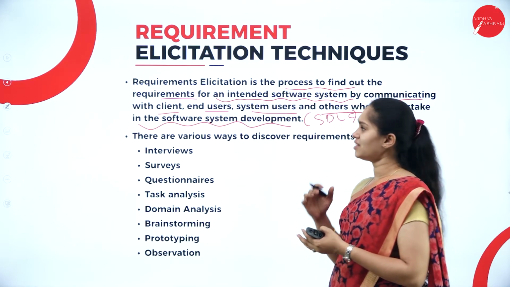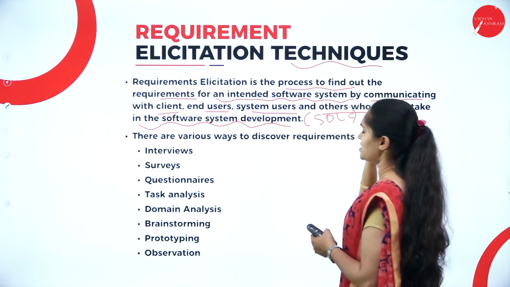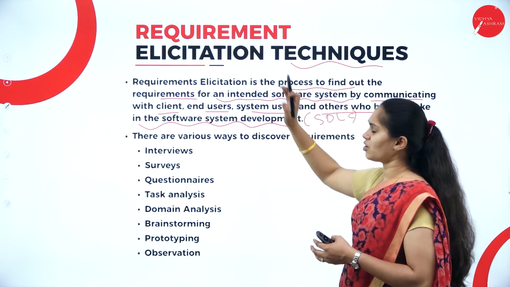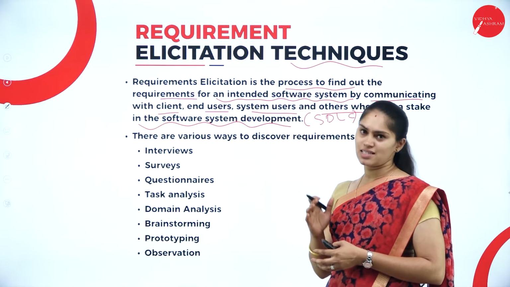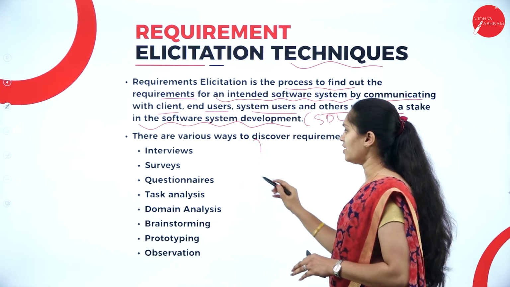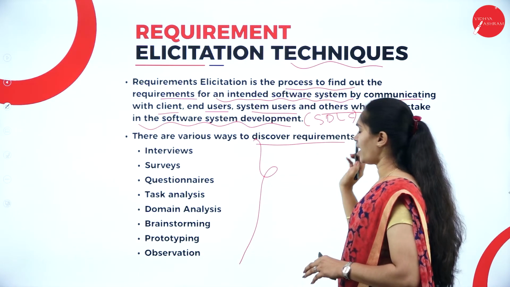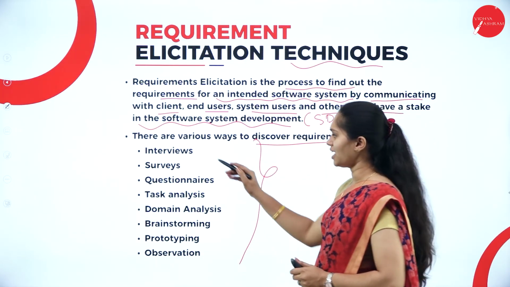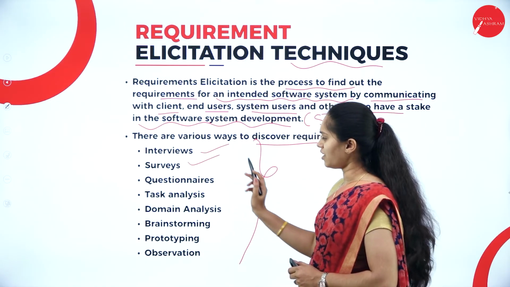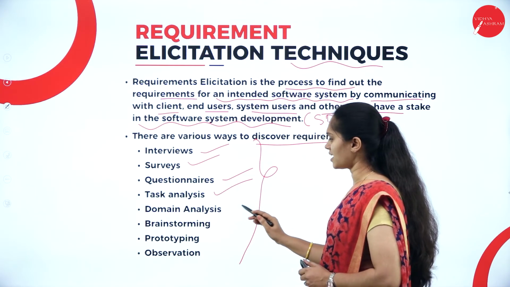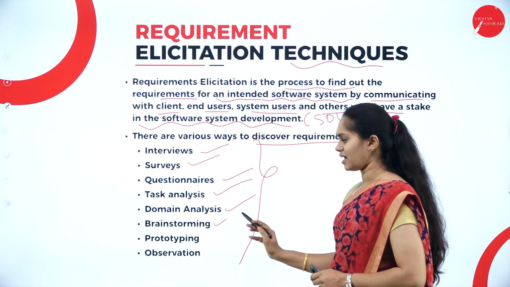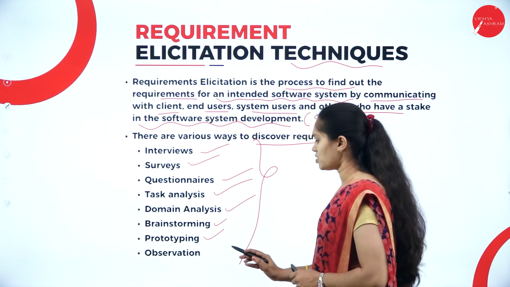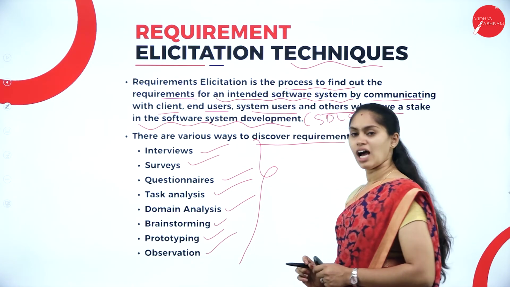Then what are the techniques or methodologies we have in order to gather all these requirements? Here we have a list of requirements gathering techniques that includes interviews, surveys, questionnaires, task analysis, domain analysis, brainstorming, and also prototyping and observation.